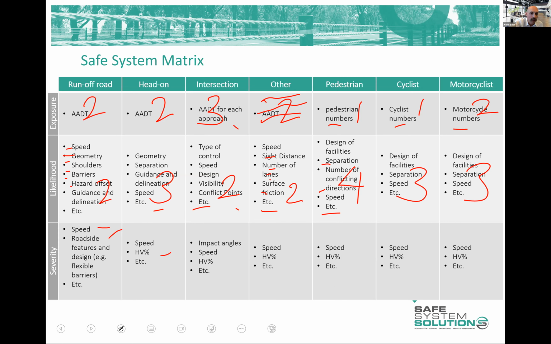If you decided to use heavy vehicles in these, is the percentage of heavy vehicles high because they're going to be more severe? Impact angles for intersections. And that might occur in the other crash category as well.